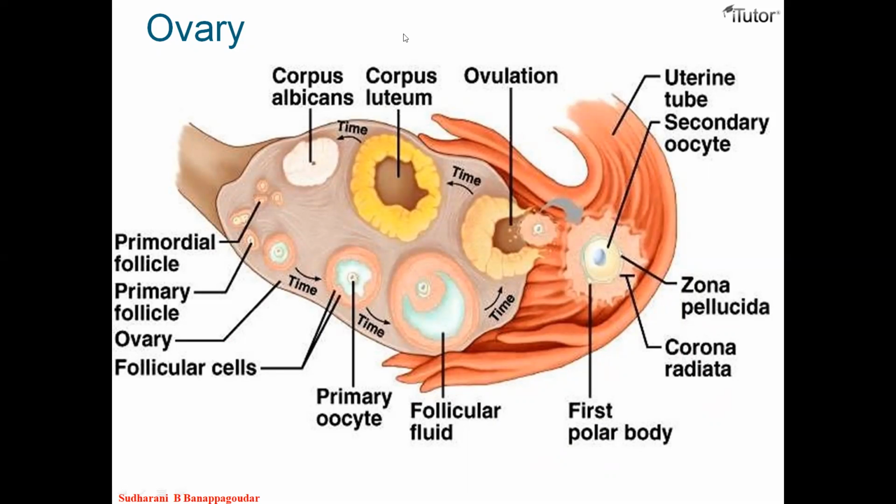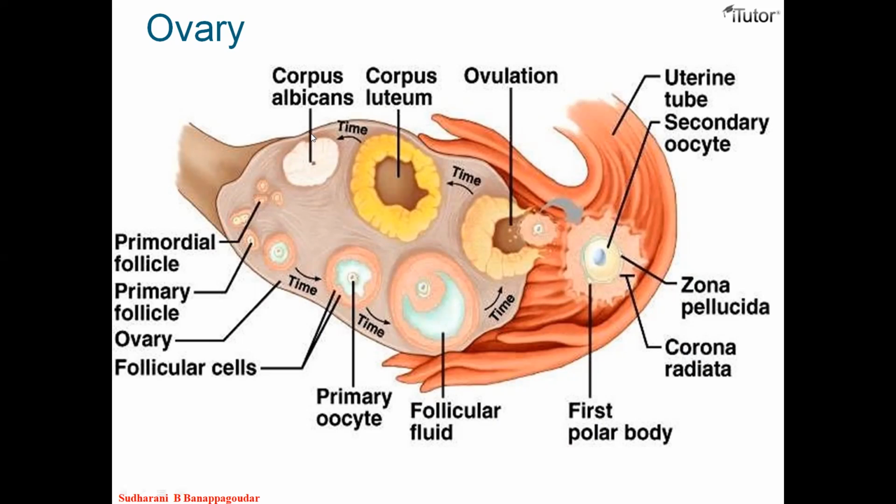Here in the picture, you can see the outer part of the ovary where I am moving the cursor. This part is the germinal epithelium of Waldeyer, the surface layer of the ovary, and just below the surface layer, a layer known as the tunica albuginea is present.